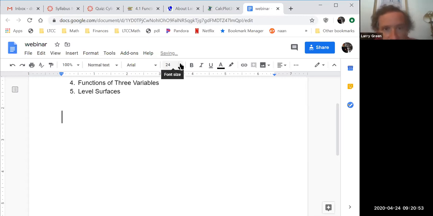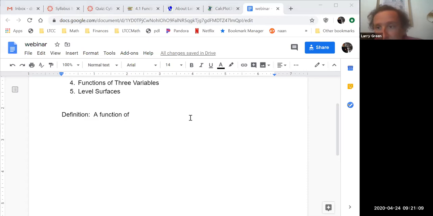I think I need to be in 24th font though. So the definition is the following. A function of two variables is a function. I don't need to define function because I'm hoping you all know what a function is. That is the key word in math, in a way, in our definition.